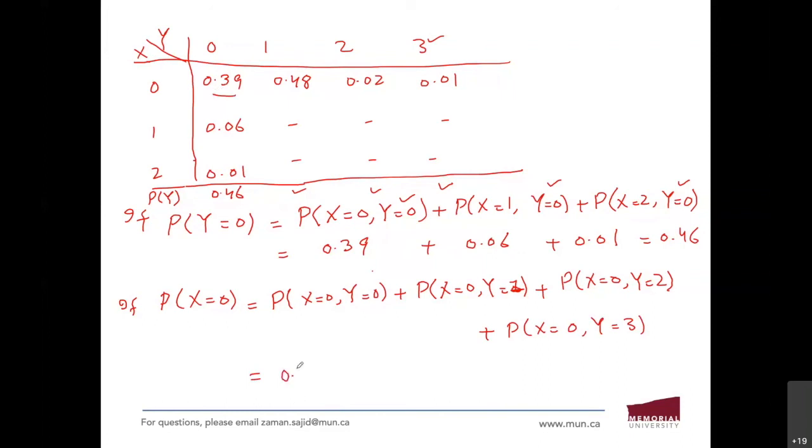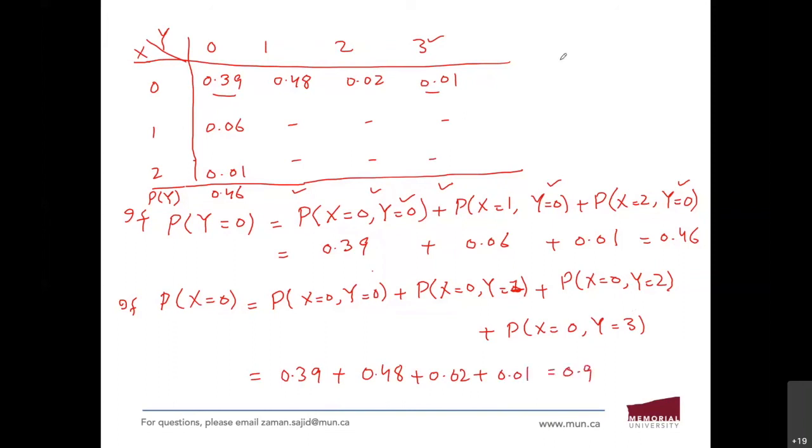So this will be 0.39, plus at x is equal to 0 and y is equal to 1, I have 0.48, plus at x is equal to 0 and y is equal to 2, I have 0.02, plus at x is equal to 0 and y is equal to 3, I have 0.01. So that gives you 0.9.